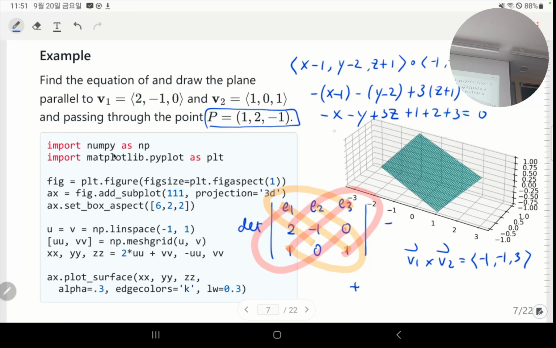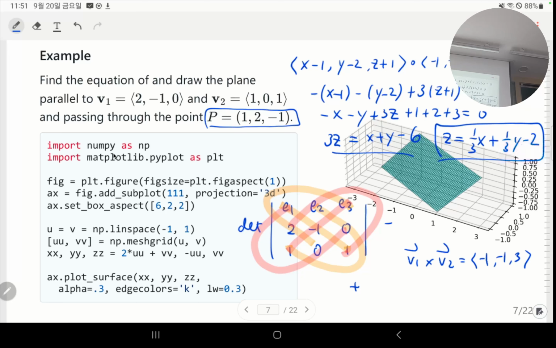Okay, so it's 3z equal to x plus y minus 6. So z equals 1 over 3 x plus 1 over 3 y minus 2. So that's your equation of a plane.